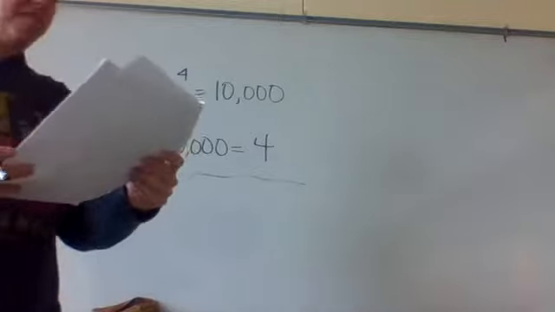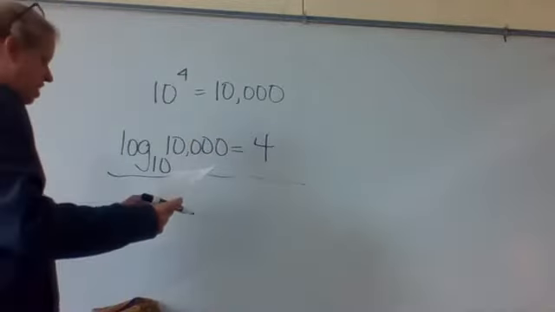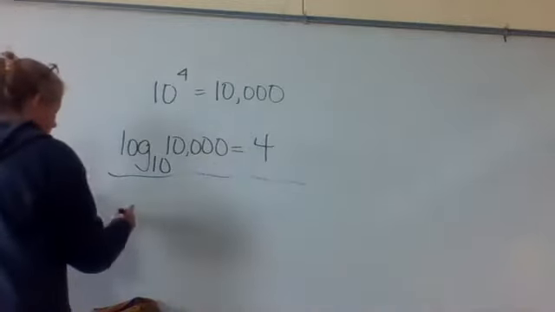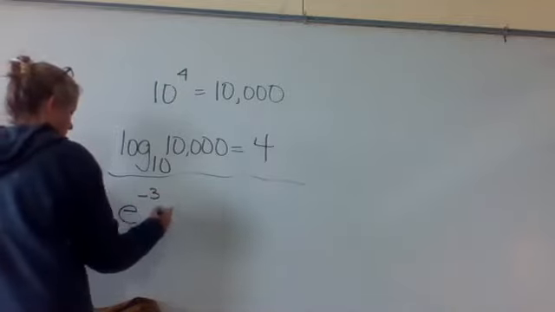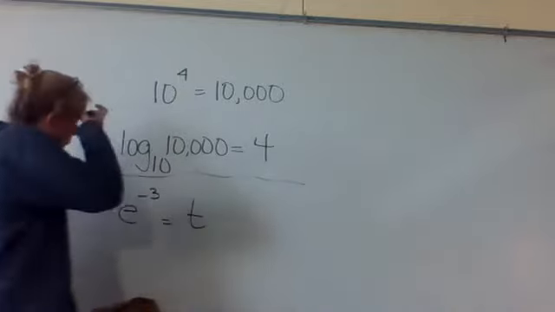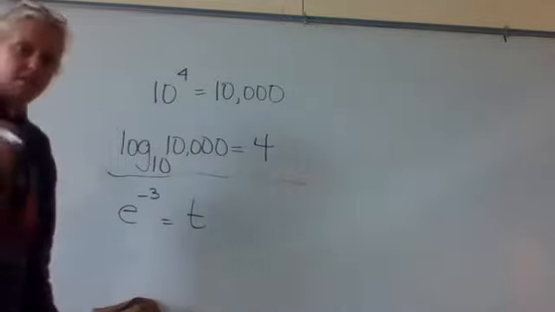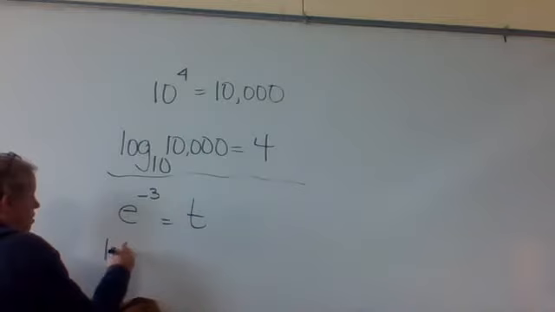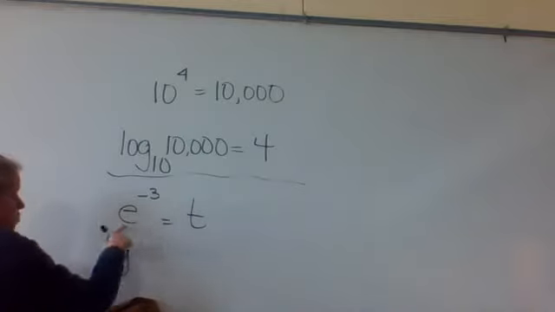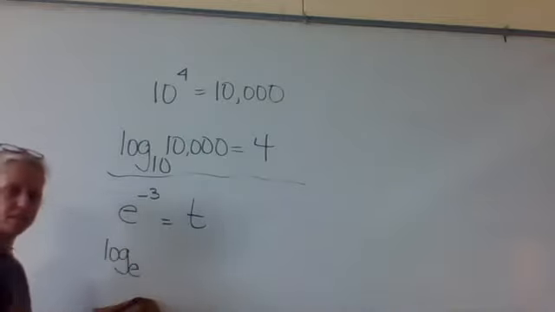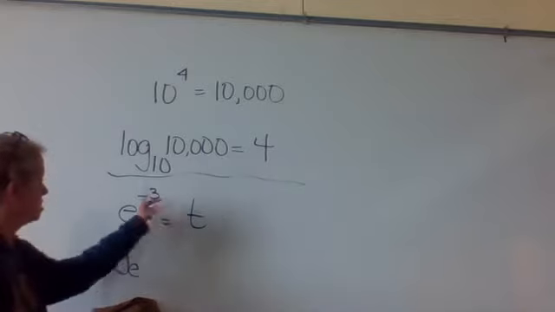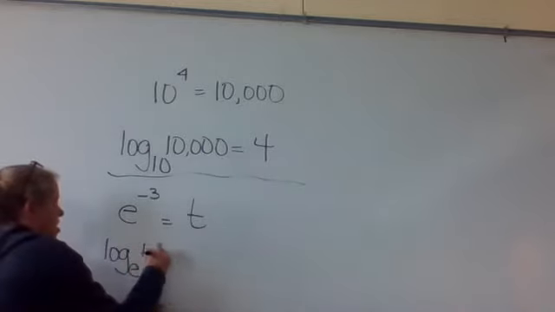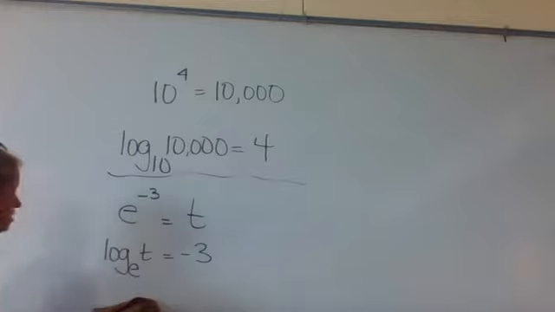Okay, same thing with number 11. You have e to the negative 3 equals t. So let's see, converting to a log. So we're going to have log. What's the base of the exponent? E. Switch sides. So the t is here equals negative 3.